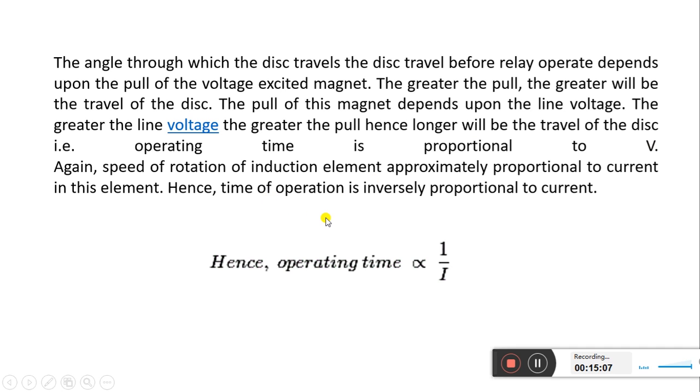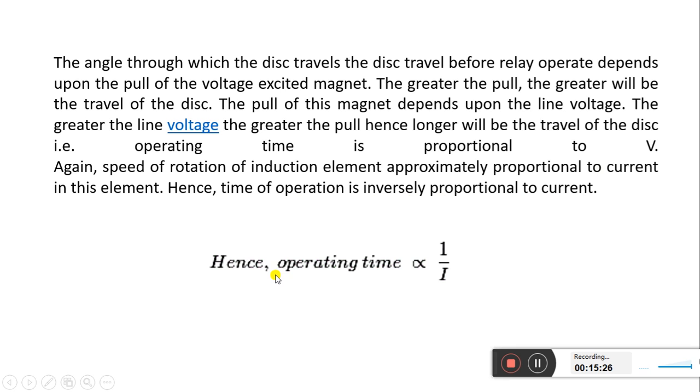Similarly, if we talk about the current, then the speed of rotation of the induction element is approximately proportional to the current in this element. Hence, the time of operation is inversely proportional to the current.